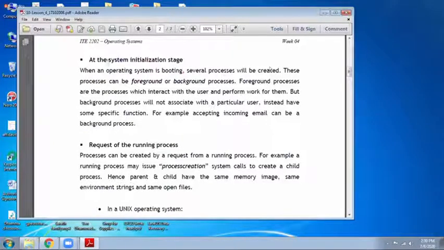Okay. So how can you see the existing processes in your computer? If you go to Task Manager, for example, if you press Control Alt Delete once, don't press twice, or it will reboot your system.